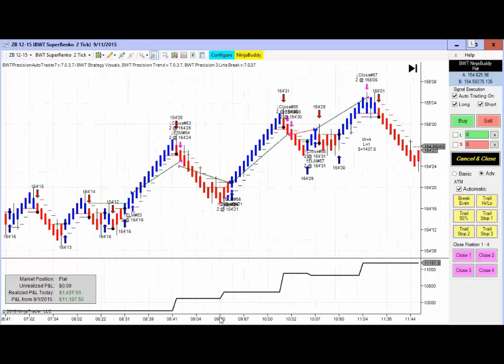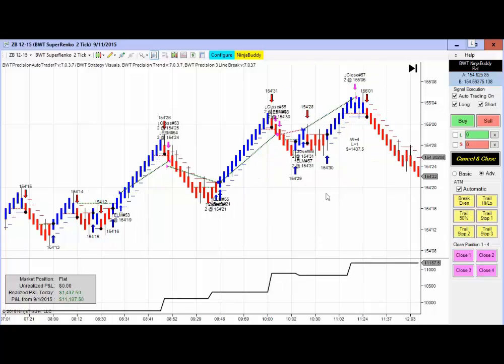So on this chart, on a 2 Renko, it did really well today. You can see it went long above the line break, and then of course exited based on the precision trend logic, which is the bars turning red, and then it went short because of this line break, and then exited here and then went long because of this line break, and so forth.